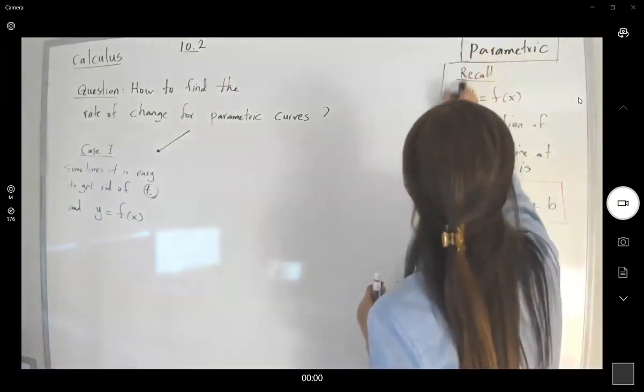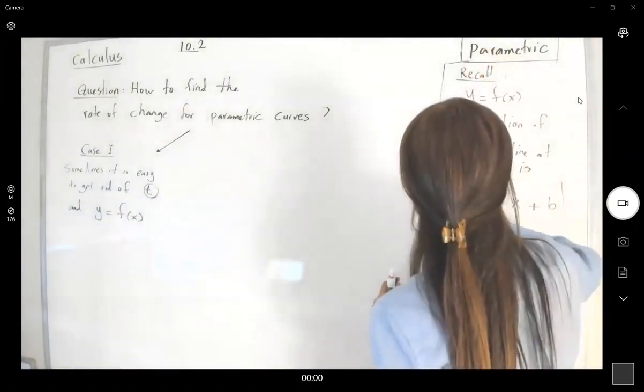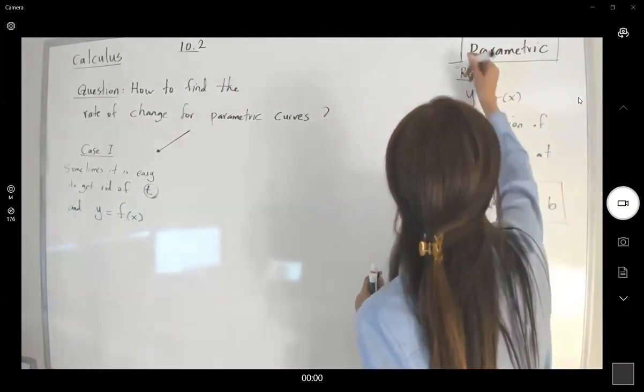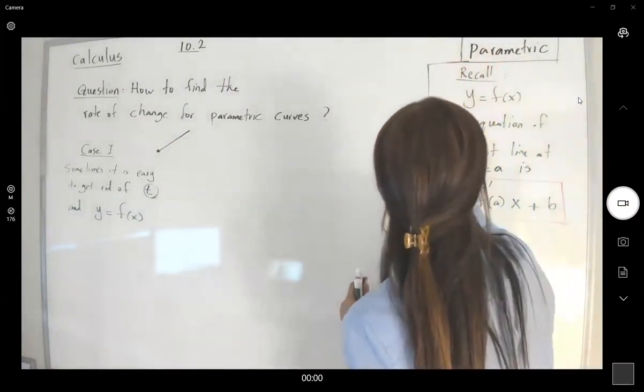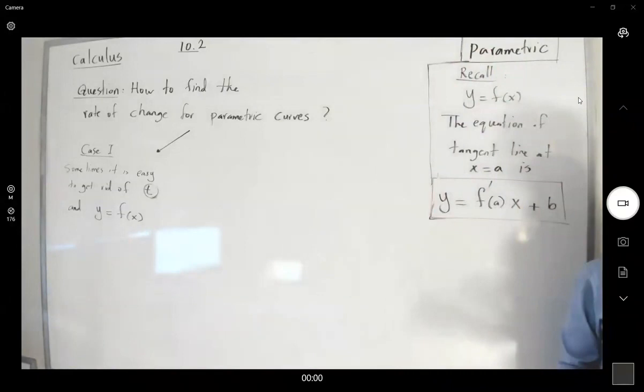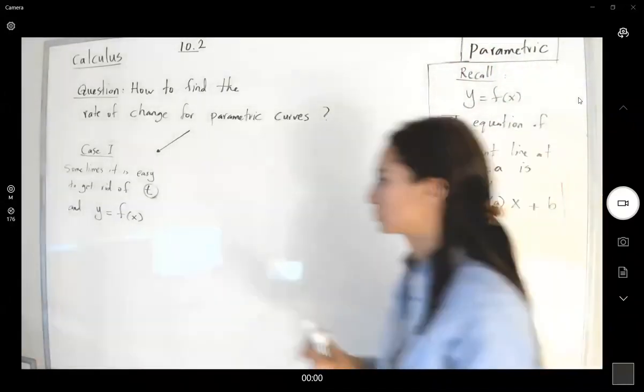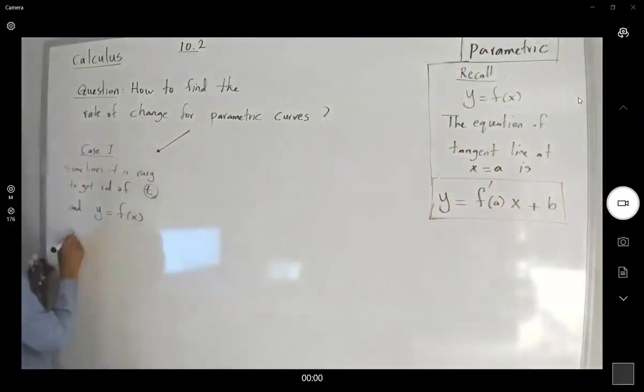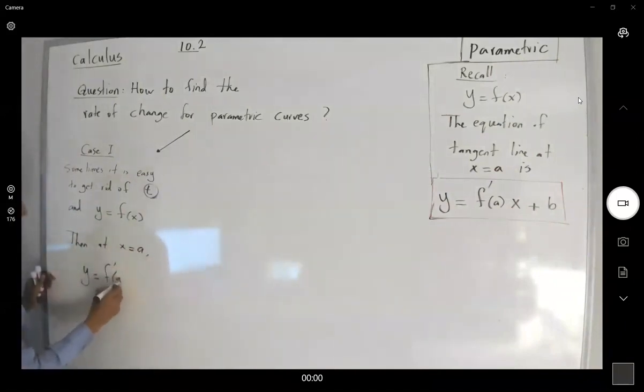Sometimes it's easy to isolate y on one side and you don't have any t to worry about. Then at x equals a, the equation of the tangent line is y equals f prime a times x plus b.